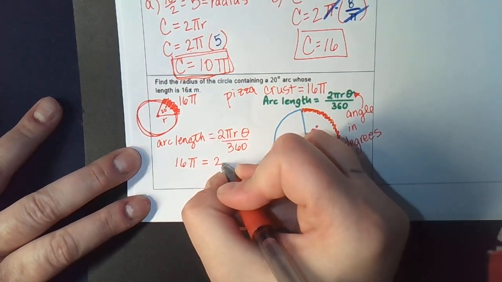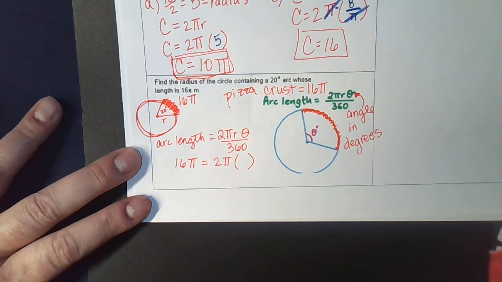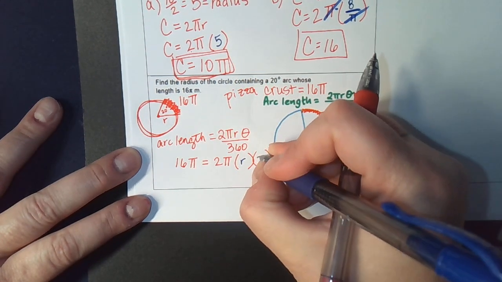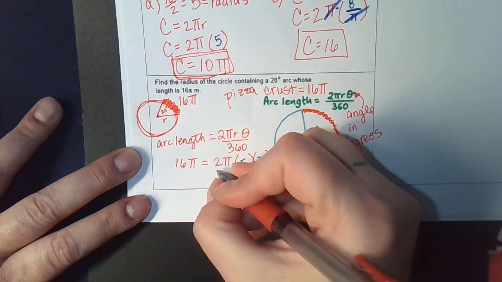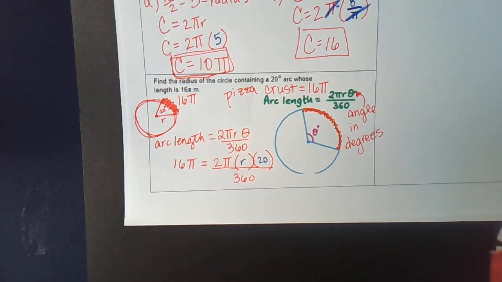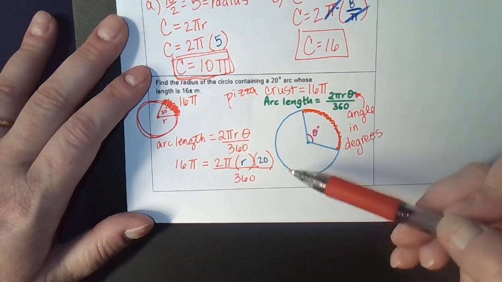On the right, the 2 pi stays there. The r, we don't know. The angle, we do know. It's 20 all over 360. Okay, well first let's multiply.